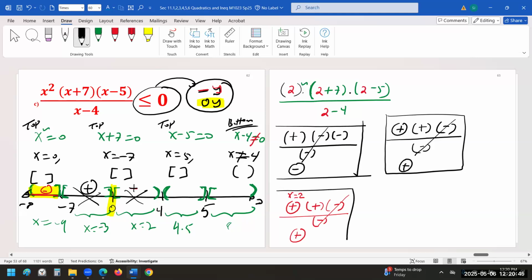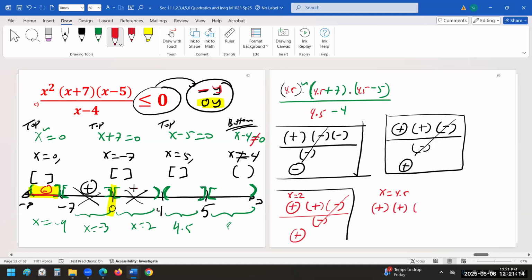Next is 4.5. So we erase all of these and put 4.5. 4.5, 4.5, 4.5, 4.5. Now x is 4.5. 4.5 squared, positive. Now between 7 and 4.5, positive. 4.5 and 5.